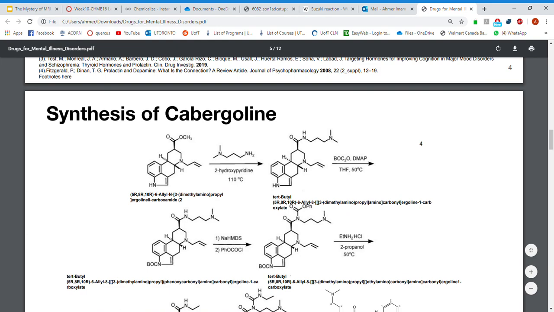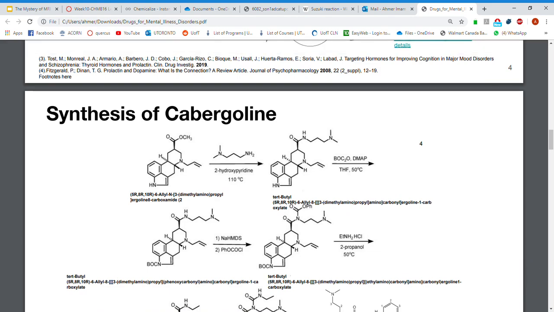Okay, in the first step, I'm going to ask you something easy. What is 2-hydroxypyridine doing? 2-hydroxypyridine is literally the base solvent, and its job is to deprotonate the nitrogen attached to the ketone, the dimethyl propane diamine that was then attached to the ketone carbon, making the methyl ether a better leaving group.